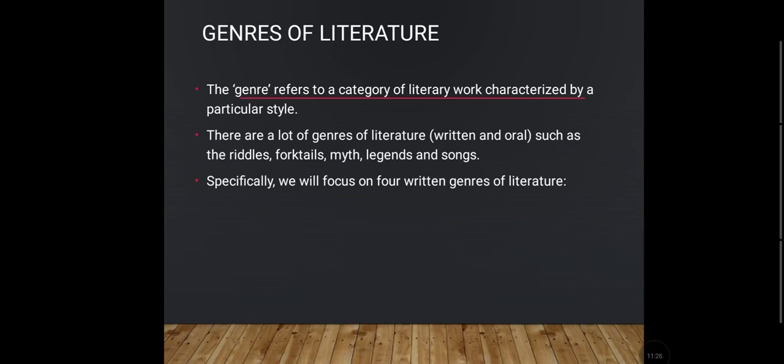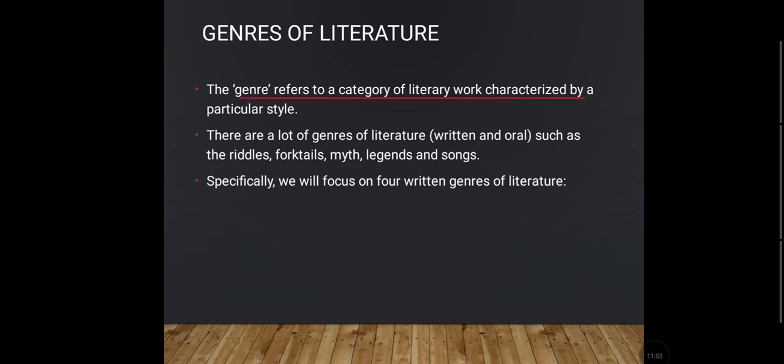Another key area we should look at is the genres of literature. A genre refers to a category of literary work. So we are trying to categorize various literary works into categories based on their style.